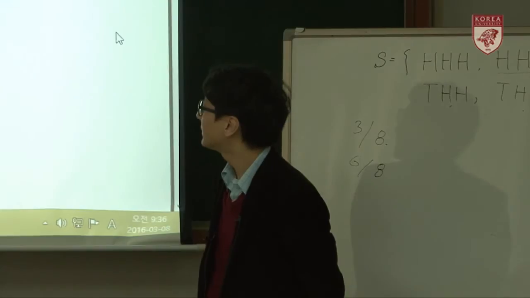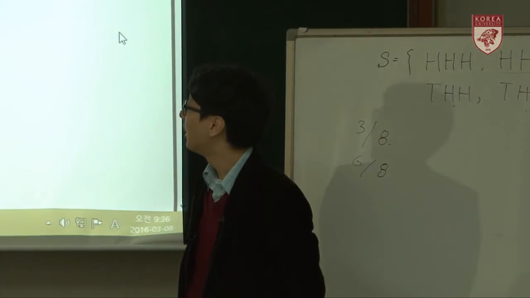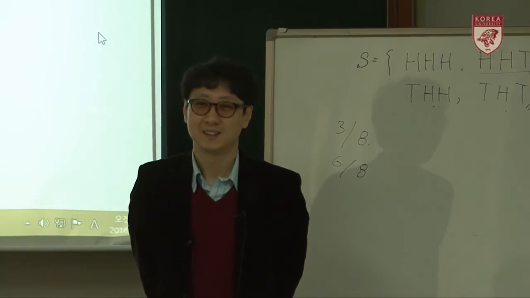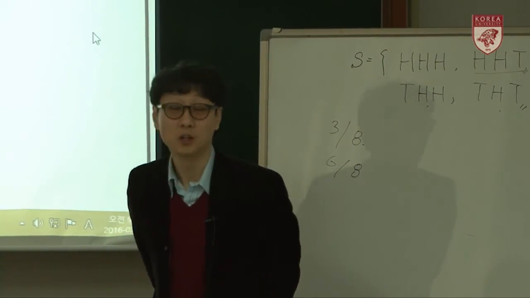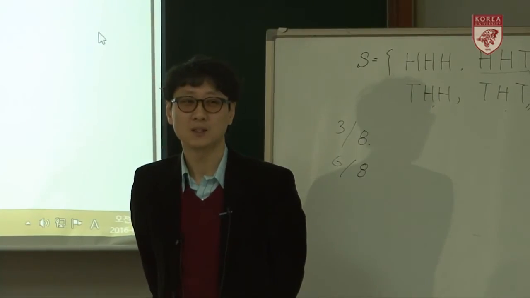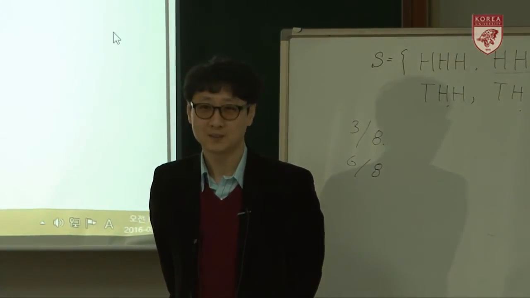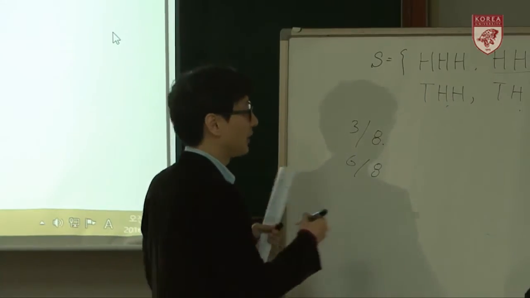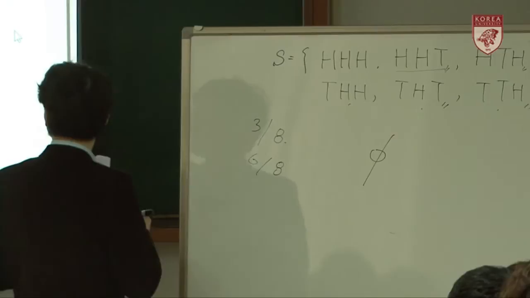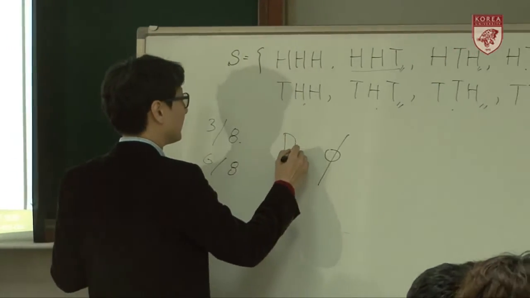First, what's the probability of the null set? You know what the null set is? The null set is a set with no elements, and we usually denote it with the empty-set symbol.